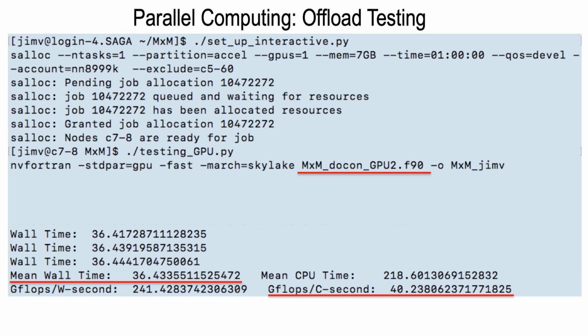Consequently, the measured performance has risen to about 241 gigaflops per second based on wall time and around 40 gigaflops per second based on CPU time. Notably, this last measurement of 40 aligns closely with the result obtained using one CPU core in our Fortran optimization video.